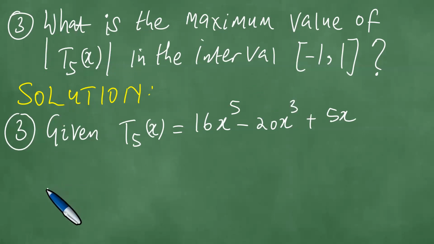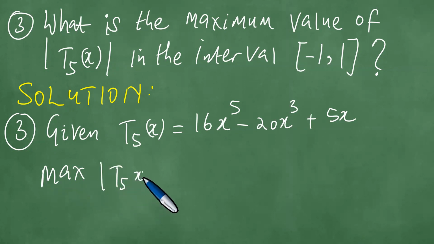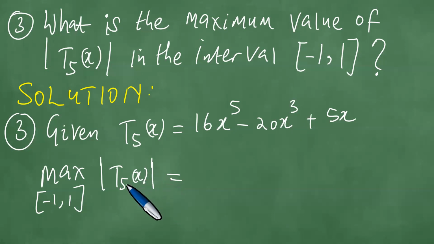What is the maximum value of these? We're interested in the maximum value of the modulus of T sub 5 of x. The maximum value is in this interval. Okay, so what is the maximum value in this interval?